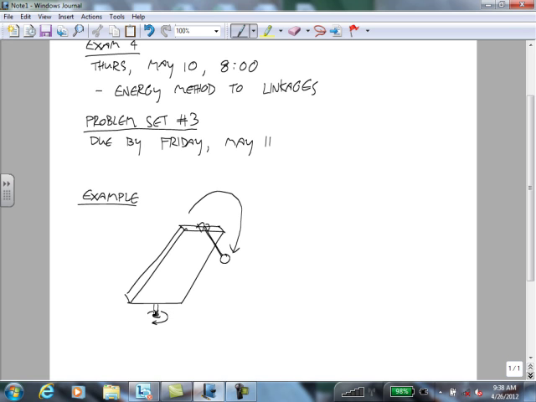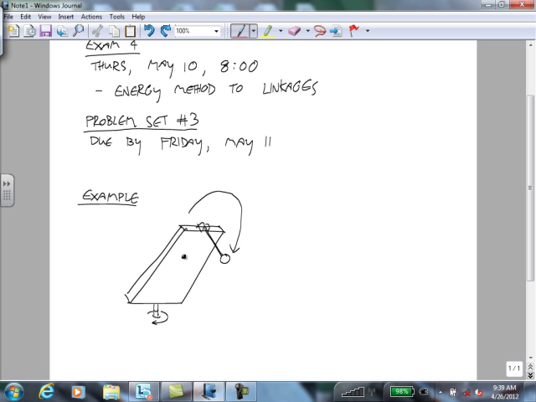So at this instant, the orientation of the coordinate system, well, I think it would make sense to put it down here.